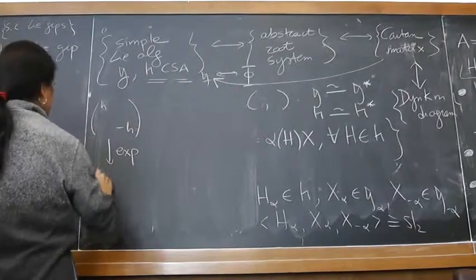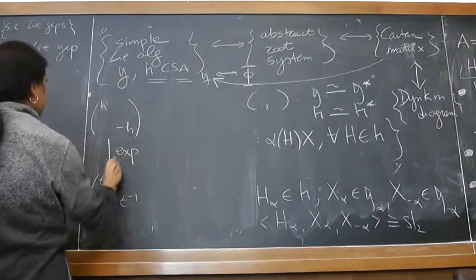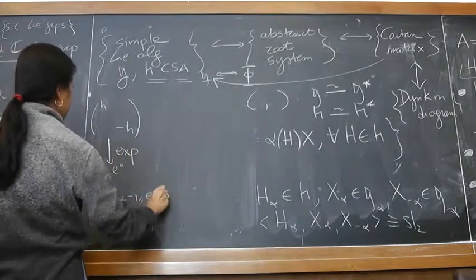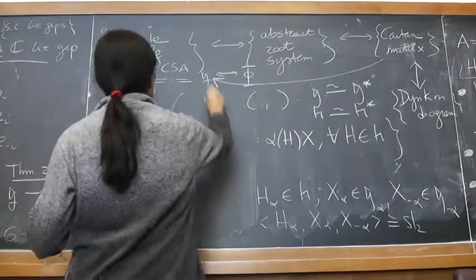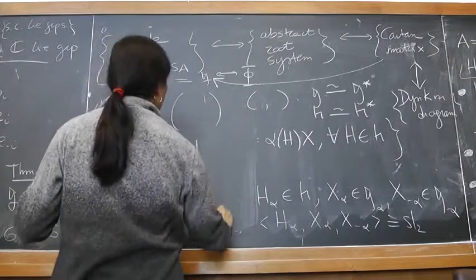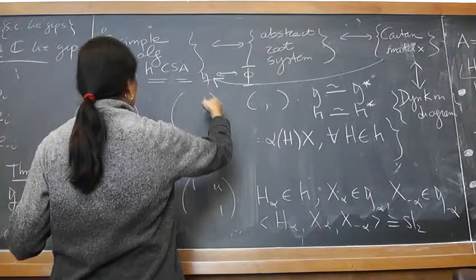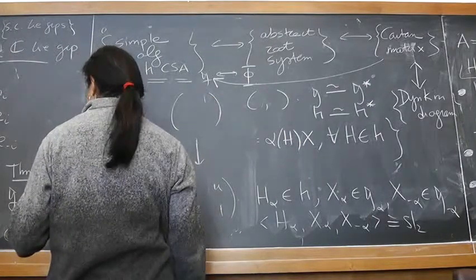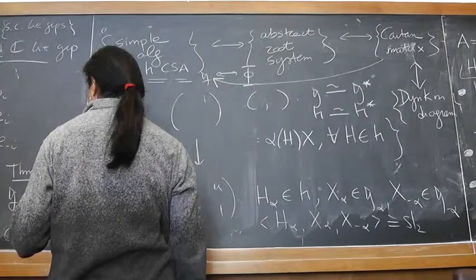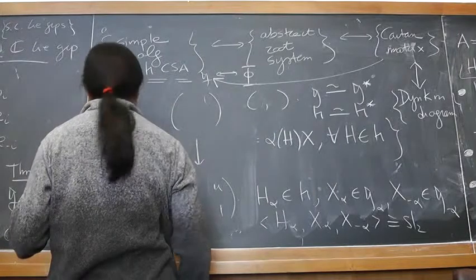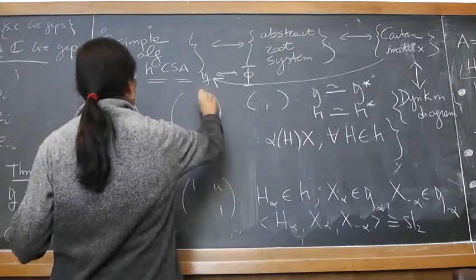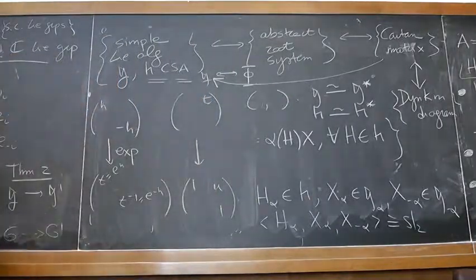So this will be t, t minus 1, where this is e to the h, e to the minus h. Then the exponential of this one is 1, 1, and u. So if you put something here, say t, and the same for the other. So you have an embedding of these three elements, the Cartan and the other, into this and this.